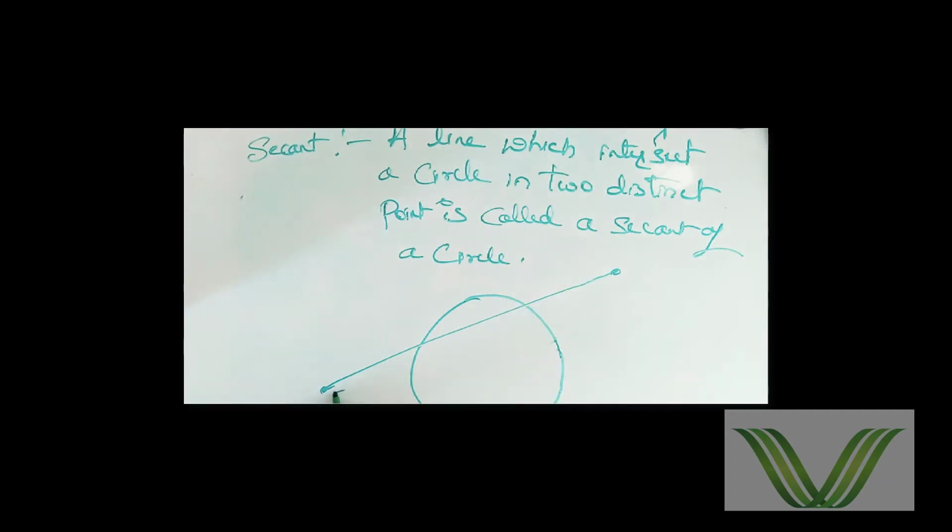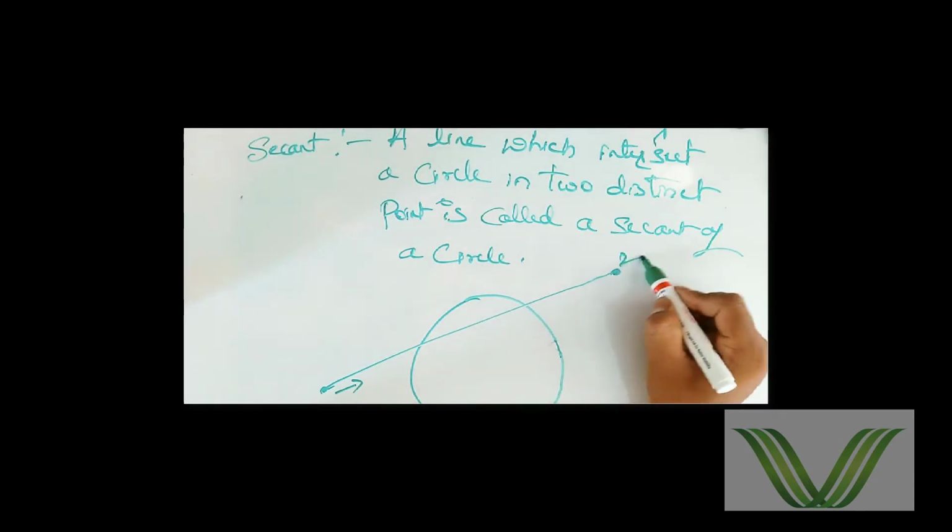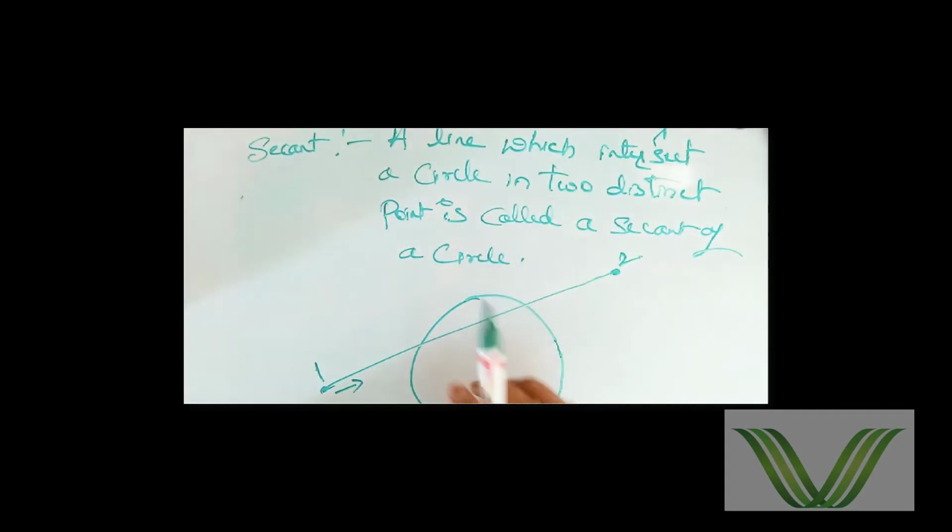From point 1, the line is intersecting through the circle and it is covering a distance up to point 2. A line which intersects a circle in two distinct points is called a secant. So this is the next key point you should remember in the circle chapter.